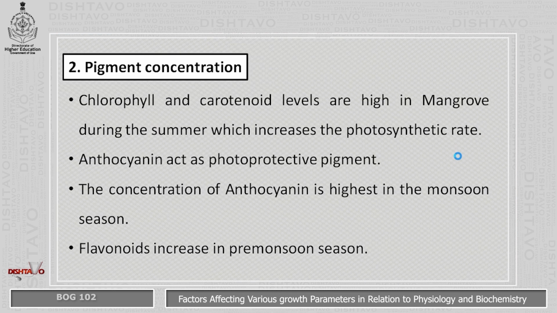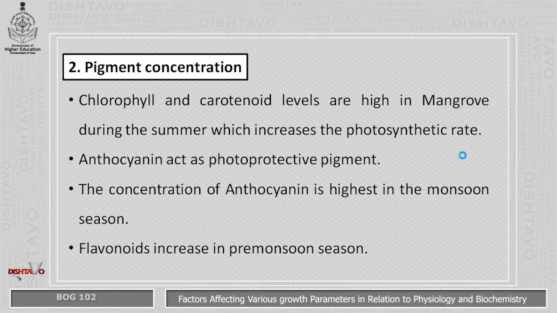The next is pigment concentration. Chlorophyll and carotenoid levels are high in mangroves during the summer, which increases the photosynthetic rate. Anthocyanin acts as a photoprotective pigment. The concentration of anthocyanin is highest in the monsoon season, whereas flavonoids increase in pre-monsoon season.